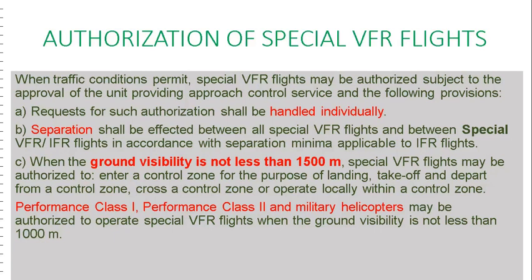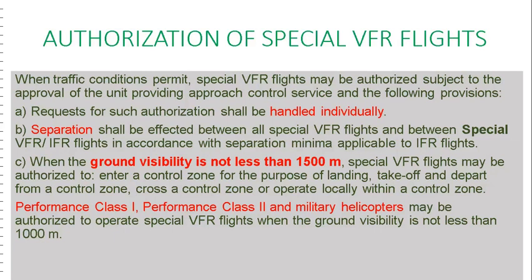But up to what minima can we authorize special VFR? This is given in the next point. When the ground visibility is not less than 1,500 meters, so if your ground visibility is reported as 1,500 meters, then from 5 kilometers down to 1,500 meters of ground visibility, you can operate as special VFR flights.